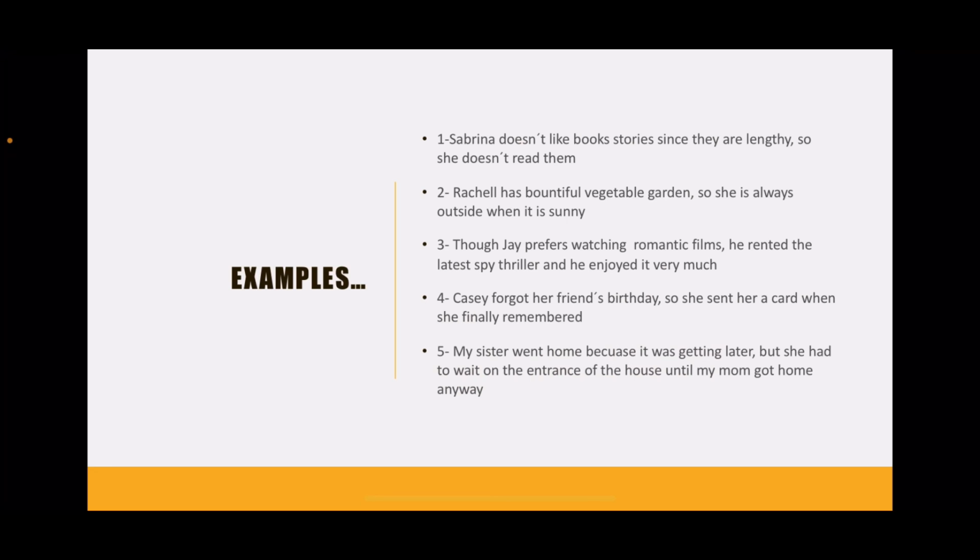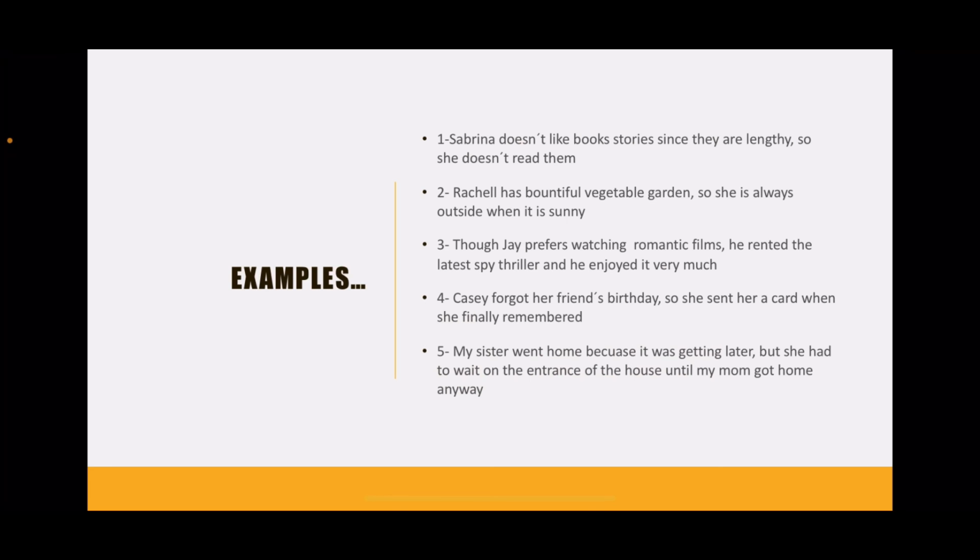Something that I'm not exactly sure my classmate mentioned is that we can put the dependent clause at the beginning, in the middle, or at the end, and it doesn't matter as long as we respect the use of subordinating and coordinating conjunctions. For example, here it is in first place, at the beginning, right? Though Jay prefers watching romantic films, he rented the latest spy thriller, and, which is the coordinating conjunction, he enjoyed it very much.